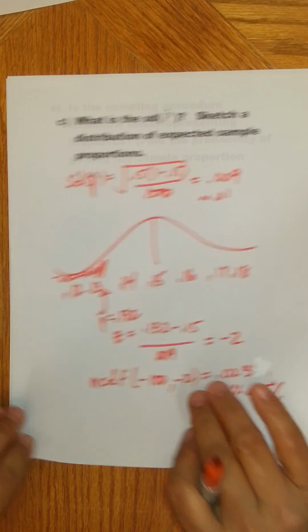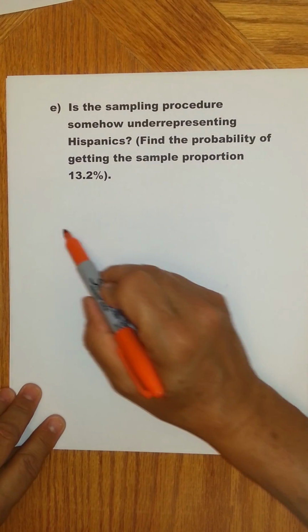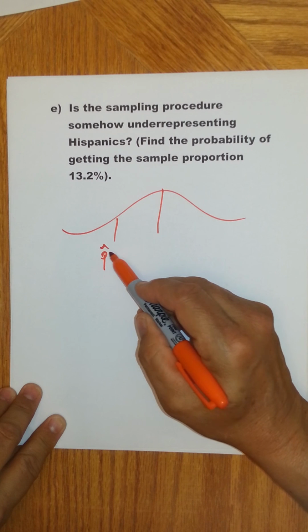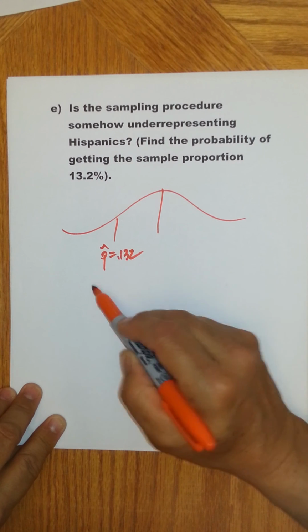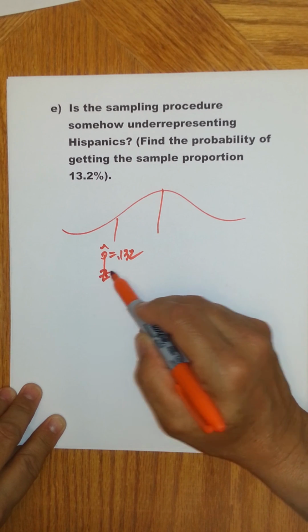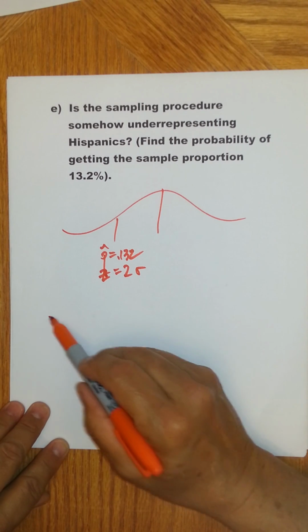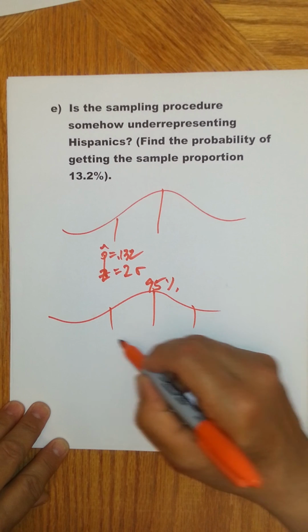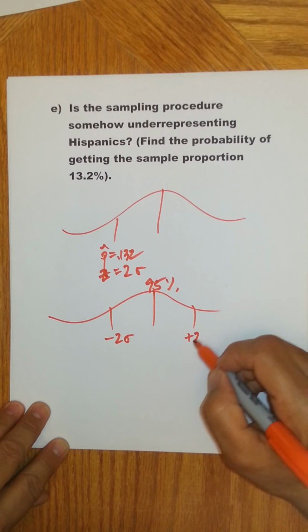Okay. And let me also just mention that you could have done this when you saw that this p hat of 0.132 had a z-score of -2 standard deviations. You could have said, well, I know that 95% of all samples will be within 2 standard deviations.